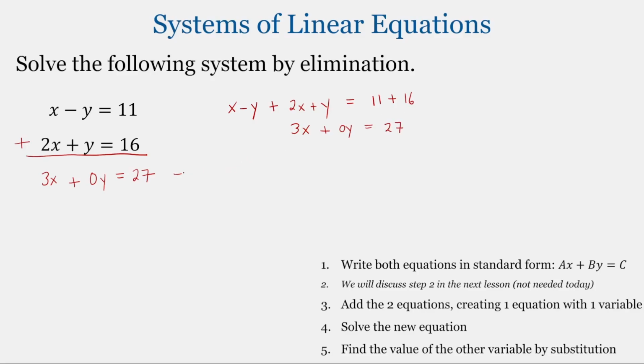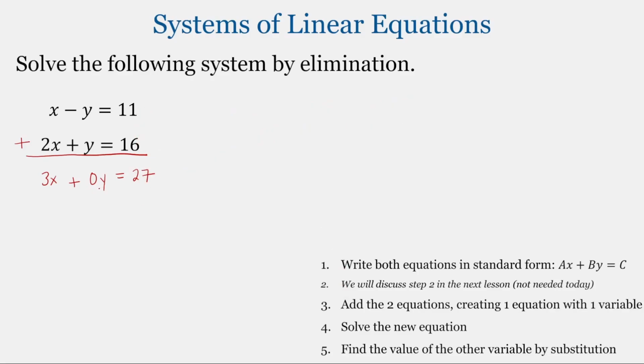So these are the same equations. And how you do this step is up to you. I prefer this method. I see everything lined up. It also works well with step 2, that step we haven't discussed yet. But either way works. But I'll continue with this vertical method.